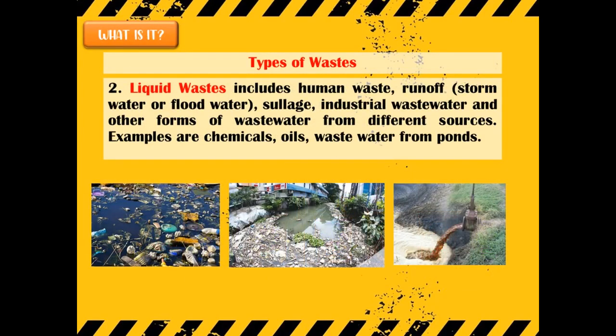Next is liquid waste. It includes human waste, runoff or stormwater or floodwater, sewage, industrial water, wastewater, and other forms of wastewater from different sources. Examples are chemicals, oils, wastewater from ponds.